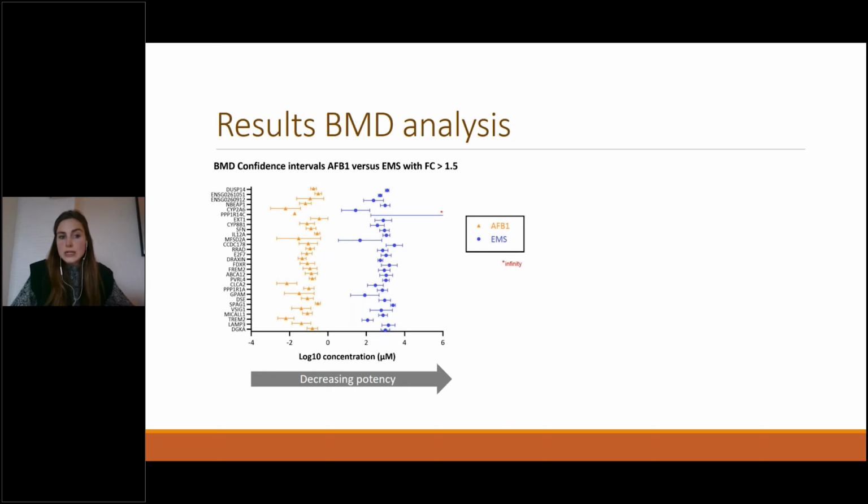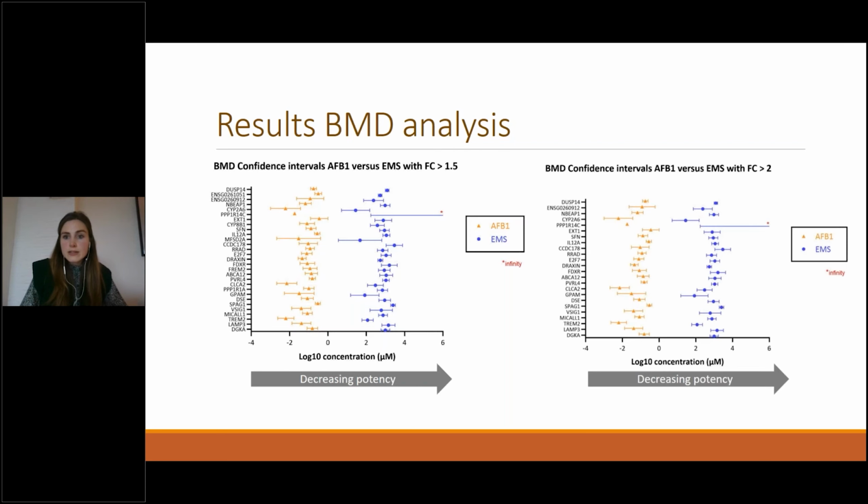And in this case, we see clearly that all the confidence intervals for aflatoxin B1 are clearly separated from the confidence intervals of EMS. So in this case study, as we see that aflatoxin B1 is more on the left side of the x-axis, which means an increasing potency, we can conclude that aflatoxin B1 has a higher potency than EMS in human HepaRG cells.